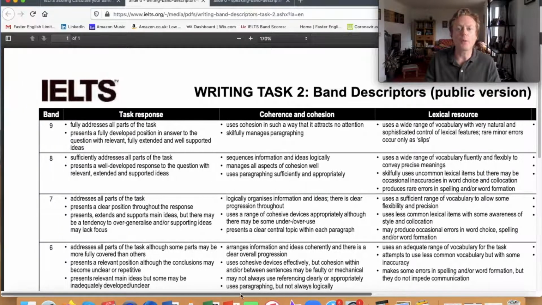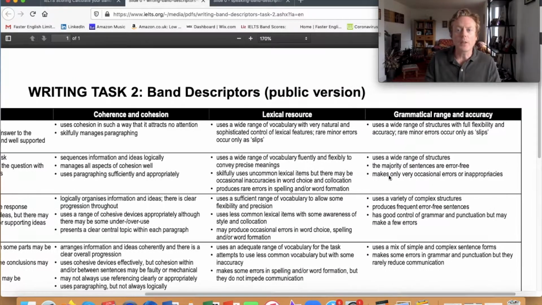There are 4 of them. If we look at grammatical range and accuracy, at band 7 we see uses a variety of complex structures. So to achieve a band score of 7 or above, you need to use a variety of complex structures.